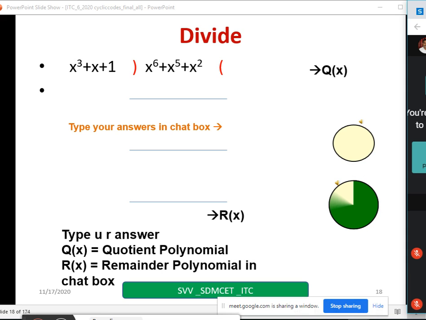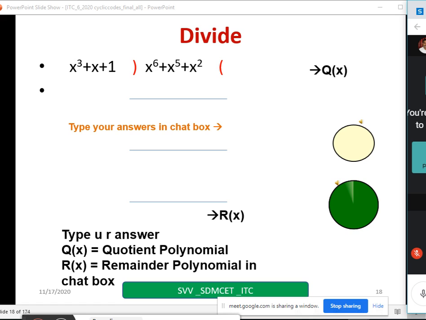Let me see how you use your mind, even though the teacher has not taught completely. But all of you know how to do the division. What might be the Q of x, what might be the R of x? Even if the answers are wrong, no problem, because this is the first time you are doing it this semester. Just type it, and I'll show you the answers. Even if the answers are wrong, do not feel bad.